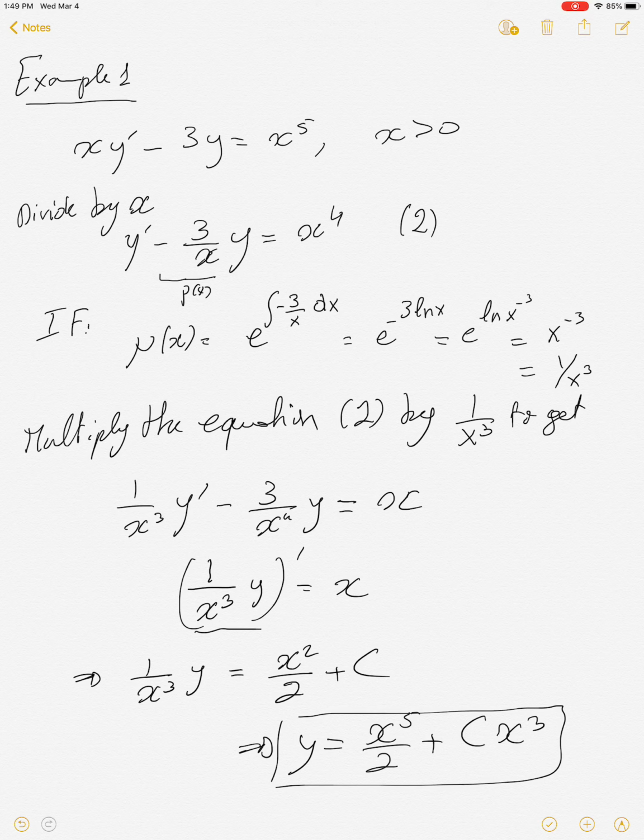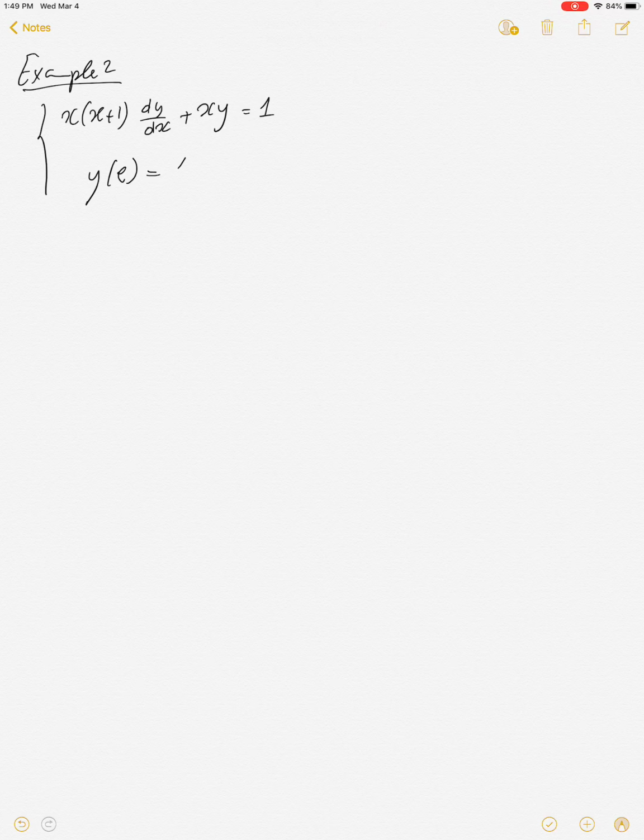Maybe another example. Let's solve, in this case, an IVP. Example 2. So I want to solve the IVP (x+1) dy/dx + xy = 1 with the initial condition y(e) = 1.